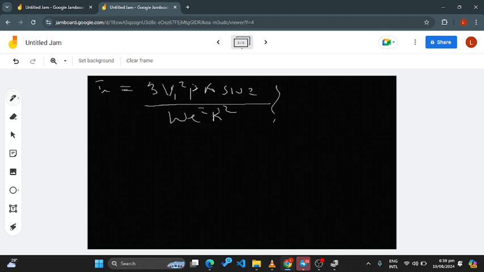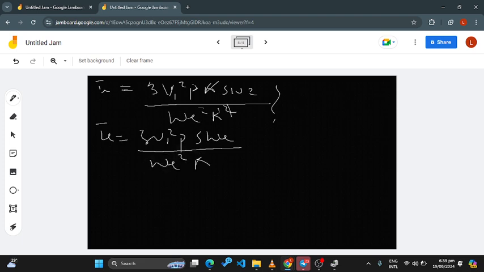Okay, so if we have this, this will cancel this over here. So I can say TE should be equal to 3v1 squared times P times S omega E, all divided by omega E squared times R. This electromagnetic torque should be equal to TL.